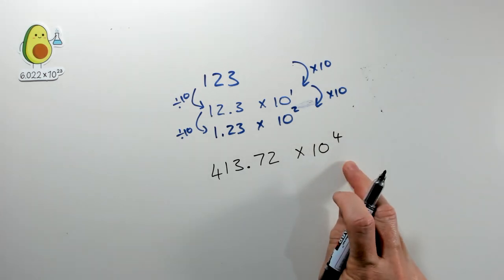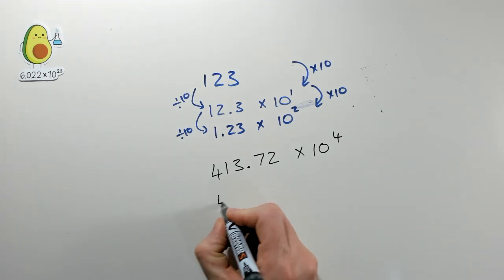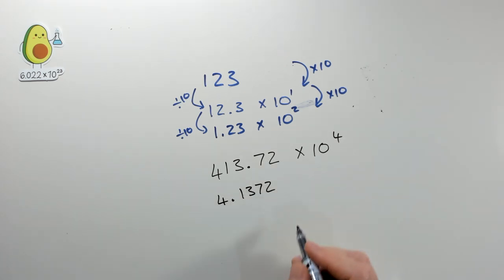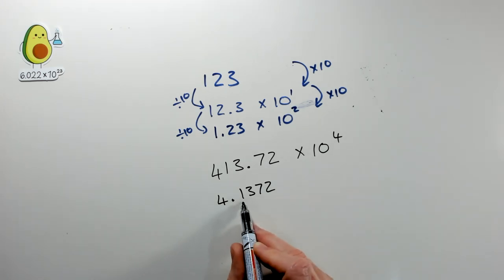This is not standard form, but if I wanted to write it in standard form, I know the first part had to be 4.1372. Obviously, if you need fewer significant figures, you might round this to 4.14 instead of having all these trailing numbers.